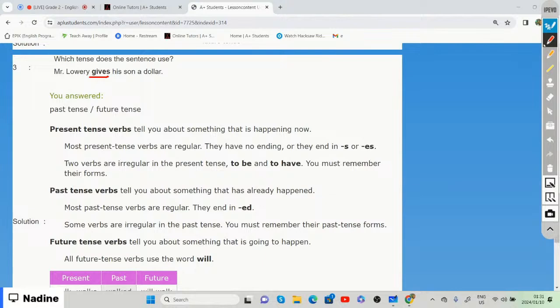And if we look at that sentence, the tense used within that sentence is the present tense. And remember, we see the present tense either ends with S or it ends with ES.